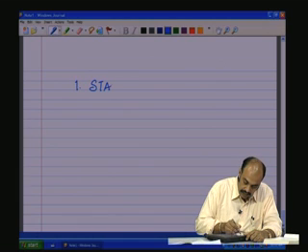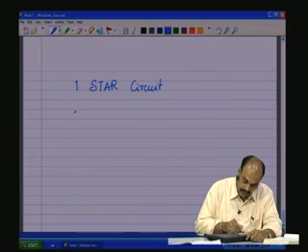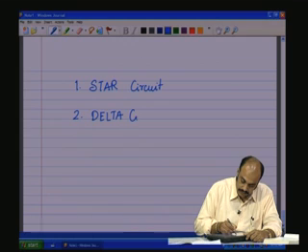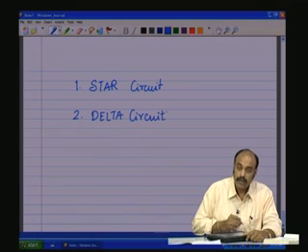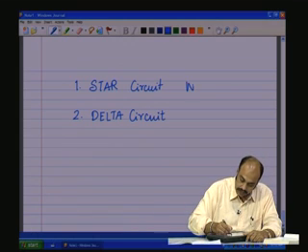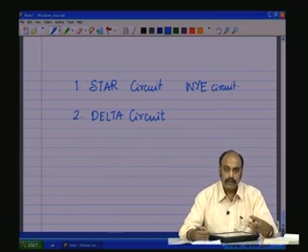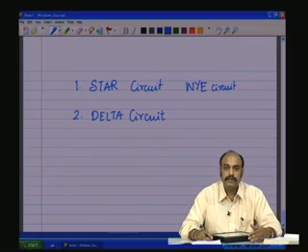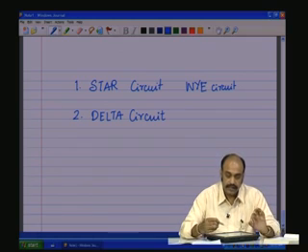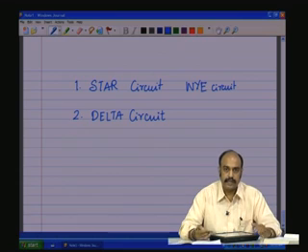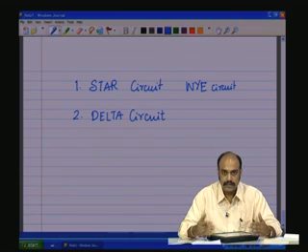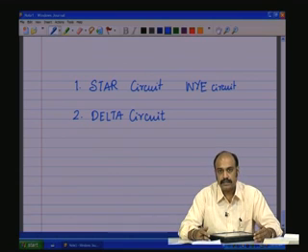You have the star circuit and delta circuit. In the literature, star circuit is also called Y circuit. So, in all the three phase systems, you either have the star circuit or the delta circuit. We shall discuss more about this in the next class. Thank you for now.